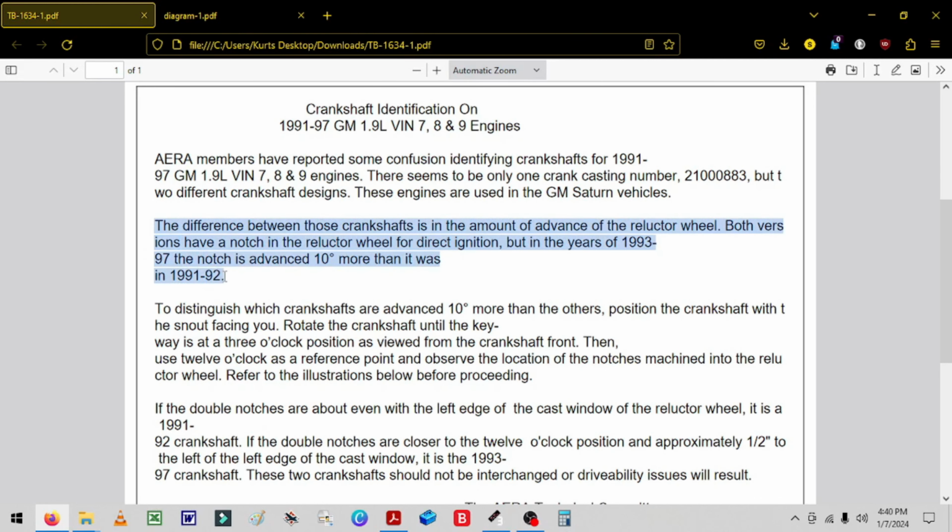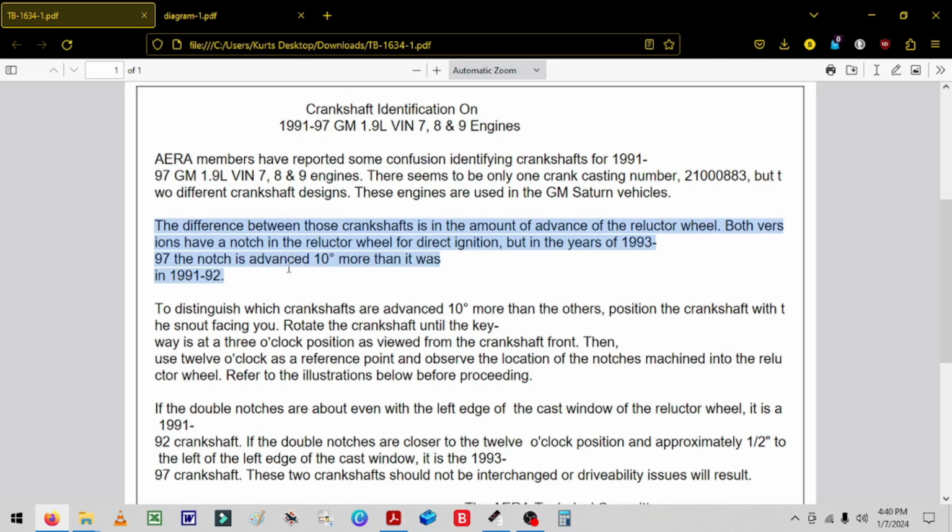The difference between those crankshafts is the amount of advance of the reluctor wheel. Both versions have a notch in the reluctor wheel for direct ignition, but in the years '93 to '97 the notch is advanced 10 degrees more than it was in '91 and '92. To distinguish which crankshafts are advanced 10 degrees more than the others, position the crankshaft.